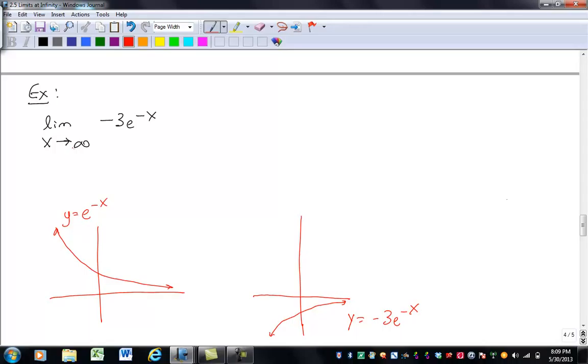So you can kind of see as x goes to infinity, this thing is going to go to 0. This is kind of what the graph is going to look like if you could draw a picture of it.